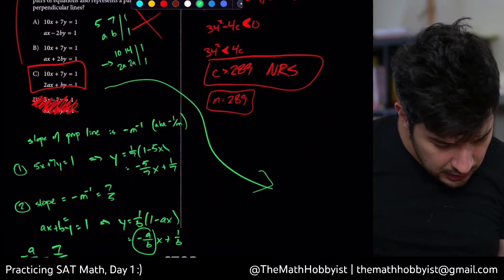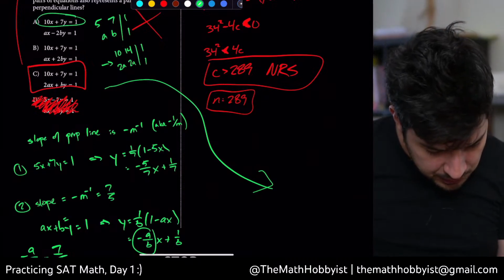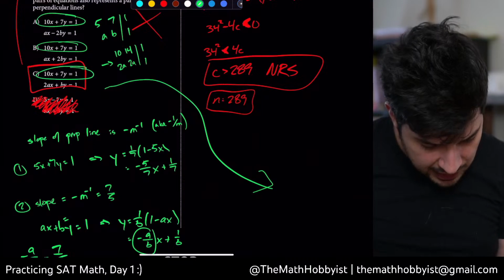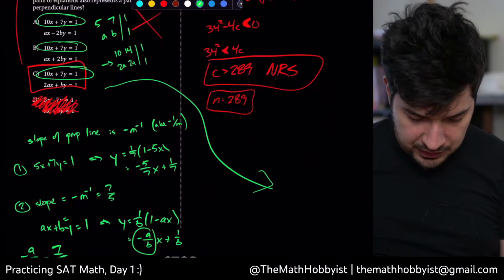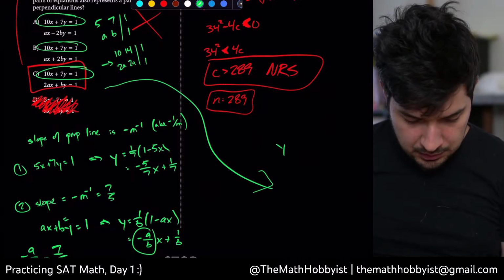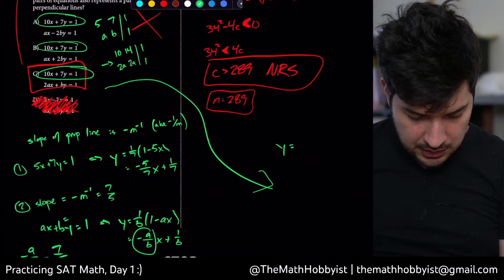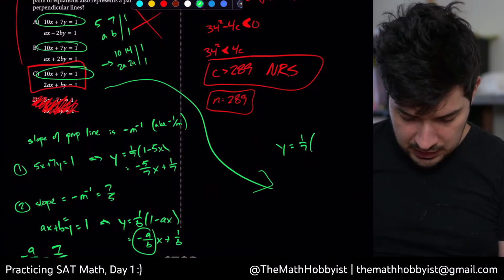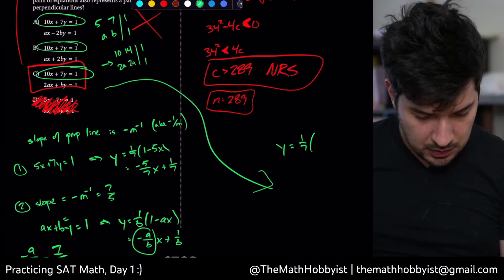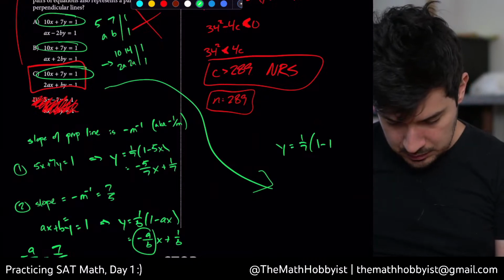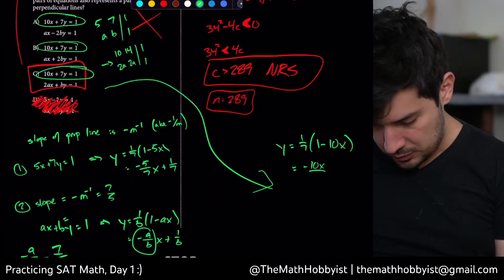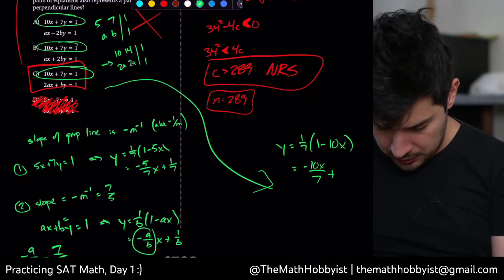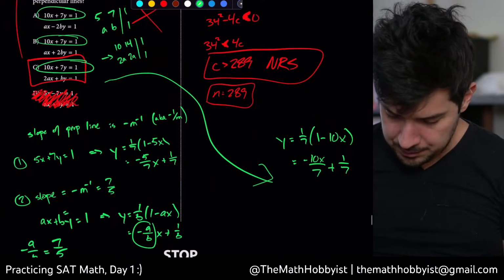Okay. You know what? This is something that would have been great to notice. All of these have the same first equation. That's very good to notice. Then, yeah, okay, now we're on to something again. y equals 1/7 times 1 minus 10x plus 1/7, right?